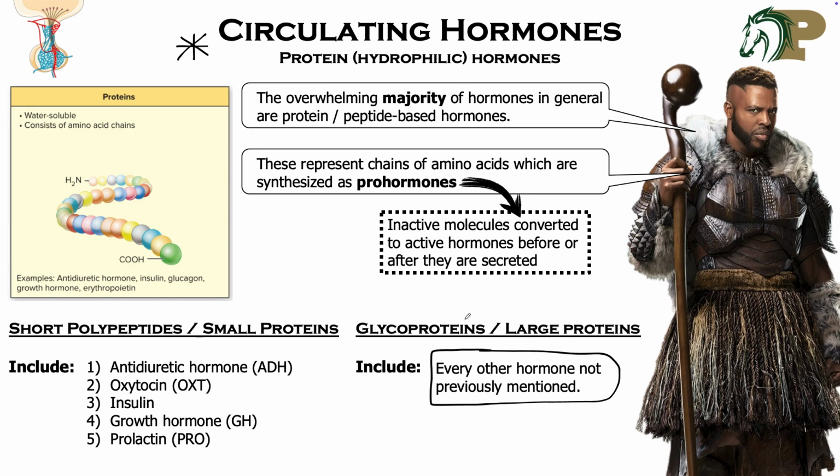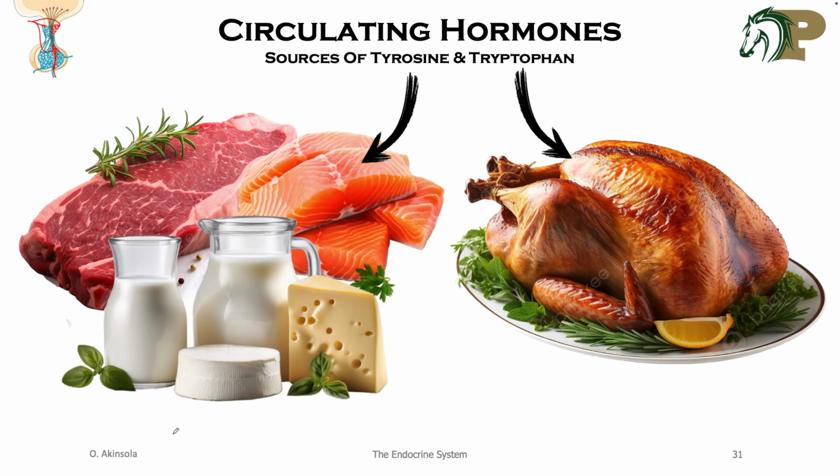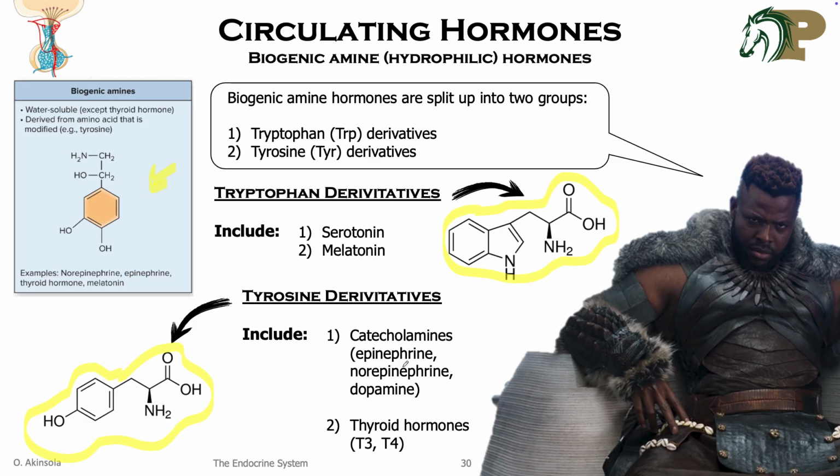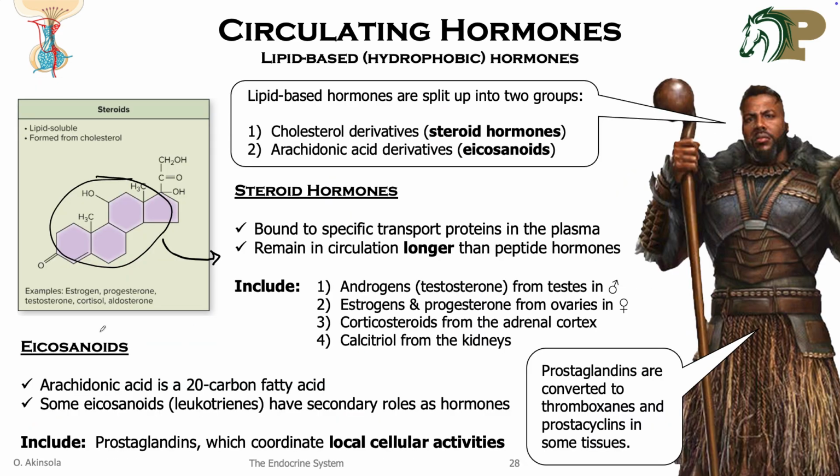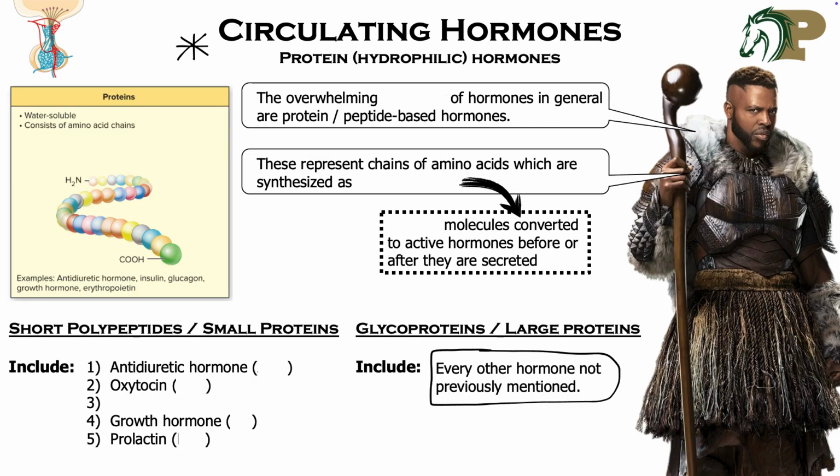So if the hormone is not ADH, oxytocin, insulin, growth hormone, prolactin, epinephrine, norepinephrine, dopamine, T3, T4, serotonin, melatonin, testosterone, estrogen, progesterone, corticosteroids, calcitriol, or prostaglandins, then it's going in this category right here.